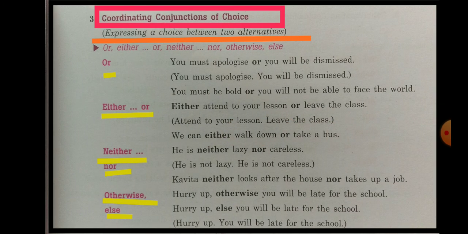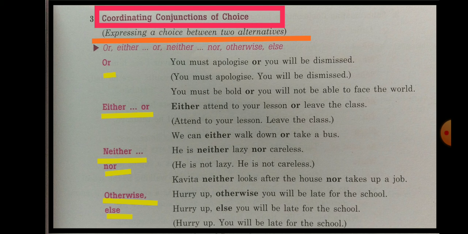Now, coordinating conjunctions of choice. If we have two alternatives, then such sentences can be joined by a coordinating conjunction of choice, like or, either or, neither nor, otherwise, else. First one, or: you must apologize or you will be dismissed. Here, you must apologize is one choice and another choice is you will be dismissed.